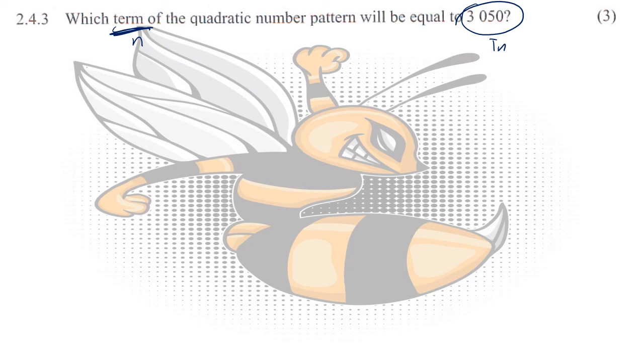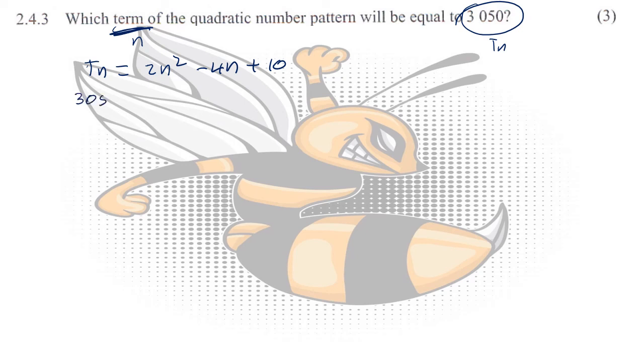In the previous question we showed that Tn equals 2n squared minus 4n plus 10, and now we can substitute 3050 into the position of Tn.